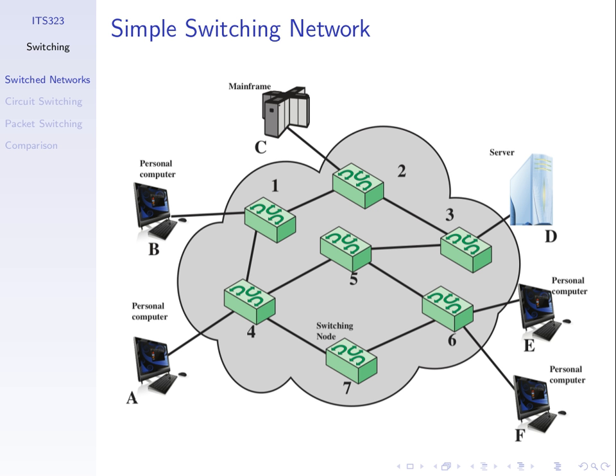One reason is because maybe there's an error in this path. Maybe this switch fails or it's having problems. So we can send via an alternative path. Or the links on this path are busy. Many people are sending data across those links, so send data across an alternative path. So it's good to have multiple paths from any pair of stations, and that's typical.